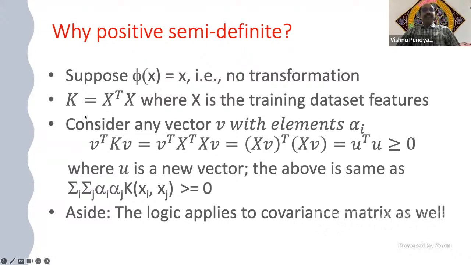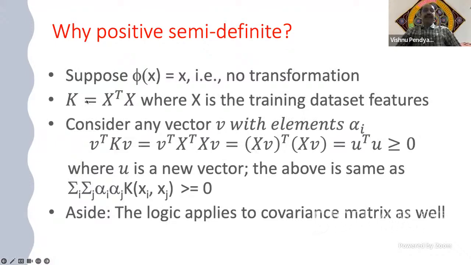Then the kernel matrix or the gram matrix can be defined in terms of the transpose of the training data set. X is the training data set here, of course removing the y classes, the last column is removed. It's basically a series of rows of feature vectors from the training data set. So X transpose X, right?